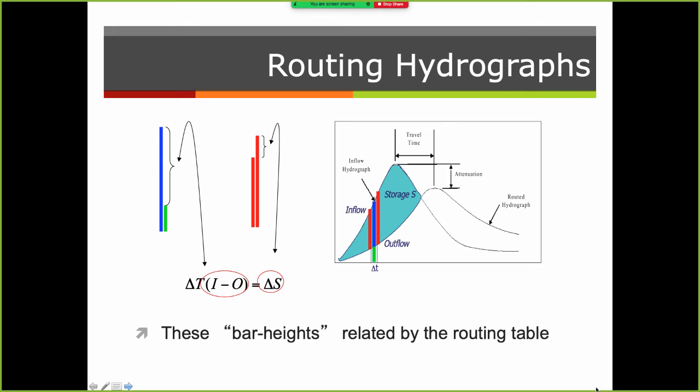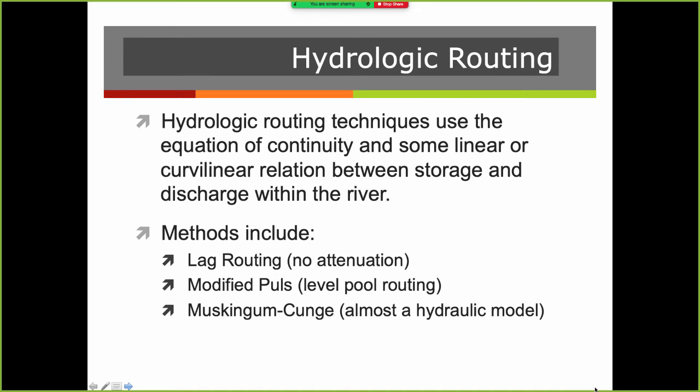This diagram pretty much depicts what I just drew. And so now we get to where we were before. So the hydrologic routing techniques use that equation of continuity I just described and some linear or curvilinear relationship between storage and discharge in the river. In other words, that delta S over delta T has to somehow be provided.